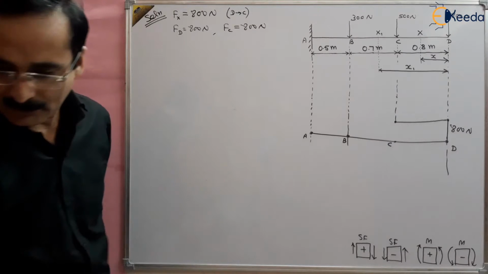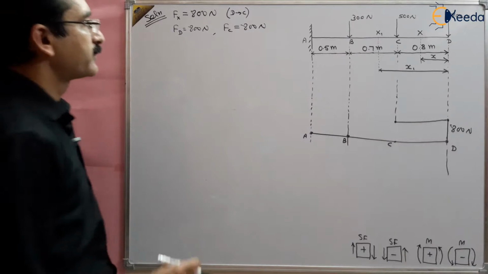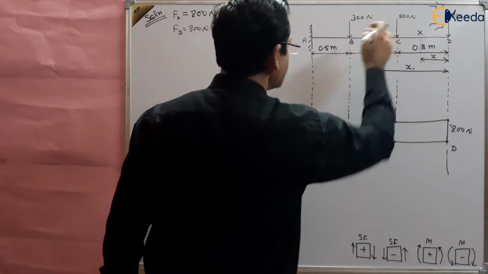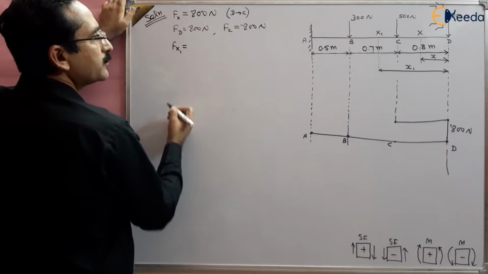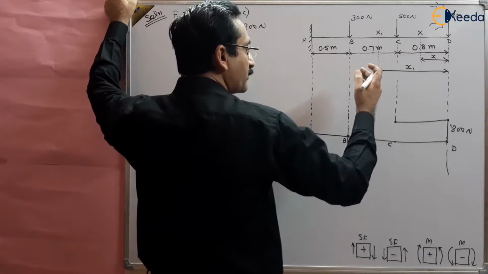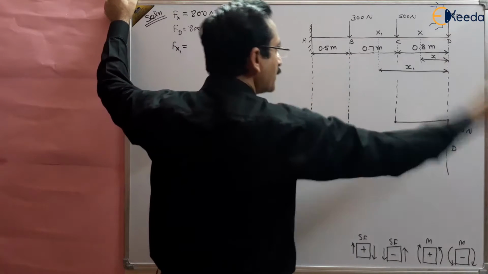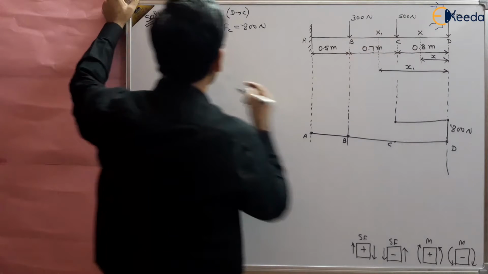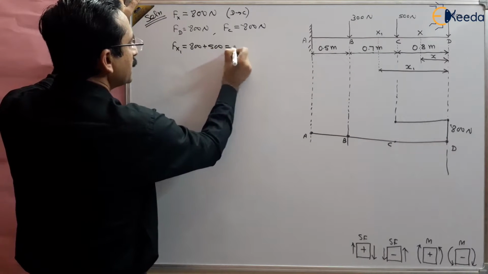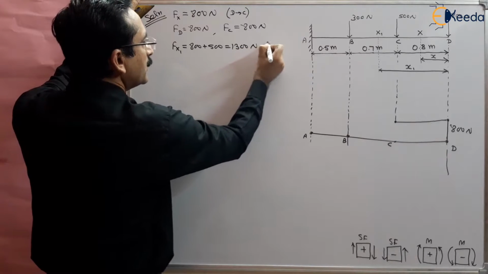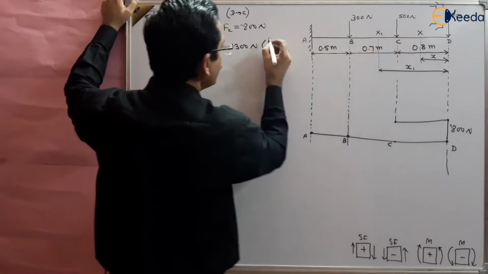What is the shear force at this x1? Fx1 will be equal to the algebraic sum of all the forces to the right of the section, 800 plus 500, so this will be 1300 Newton, and this will be valid from C to B.